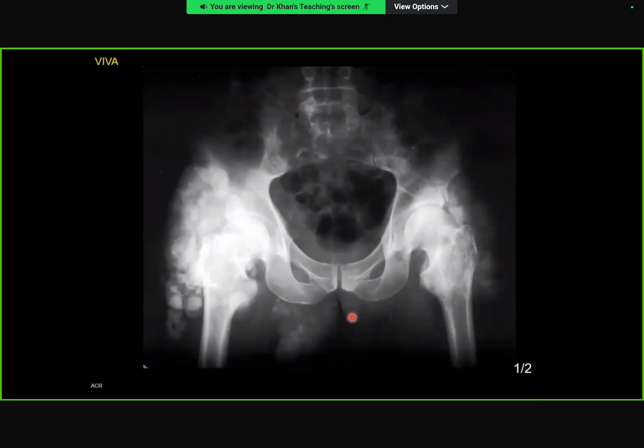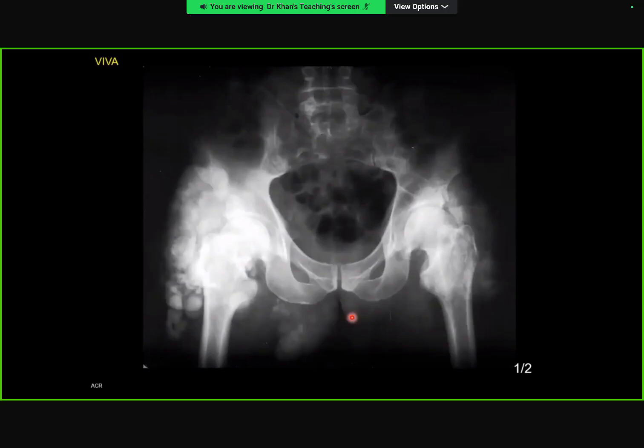So this is an X-ray of the pelvis with the upper legs showing extensive exuberant calcifications of the soft tissues bilaterally around the hip joint and further just below the right pubic bone as well. Underlying bones seem normal.